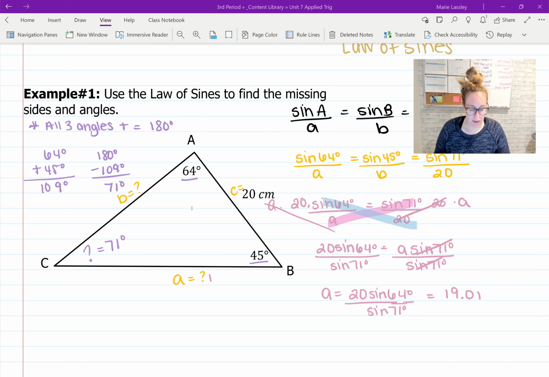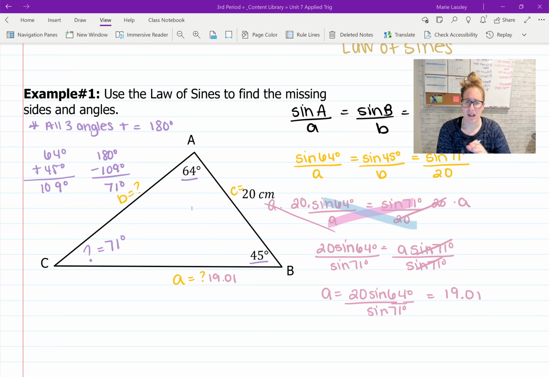So the last thing we need to do is figure out side B. We're going to use that same sine of 71 over 20 because there was no rounding. You always want to go back to the original information you were given. I wouldn't want to use this A value to solve for side B because I'm not going to get an exact answer. We always want it to be as exact as possible.